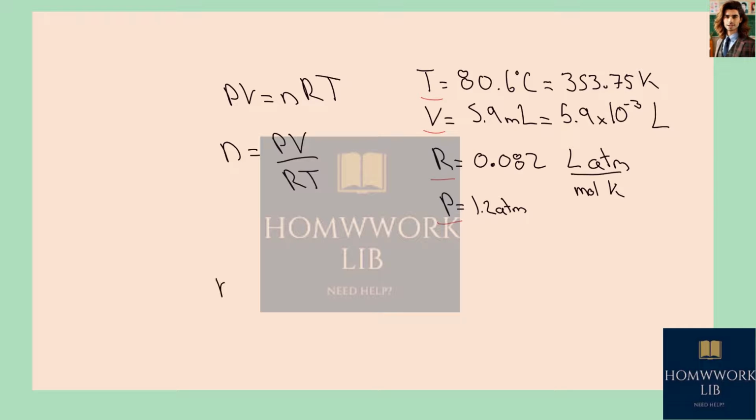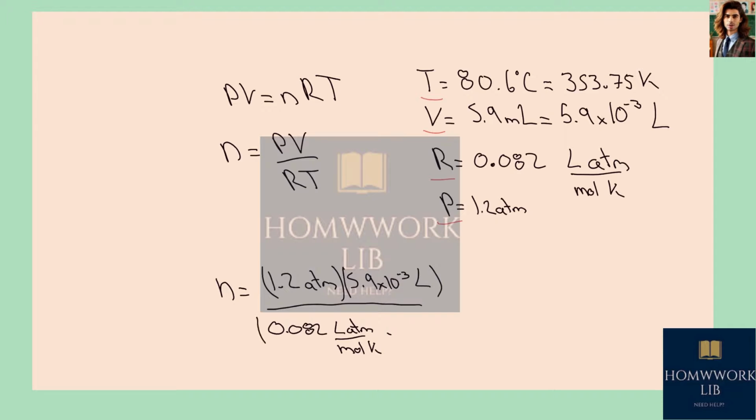So now the value for n is going to be pressure 1.2 atmospheres, volume 5.9 times 10 to the minus 3 liters, divided by R, that is 0.082 liter atmosphere divided by mole Kelvin, times the temperature in Kelvin, which is 353.75 Kelvin.